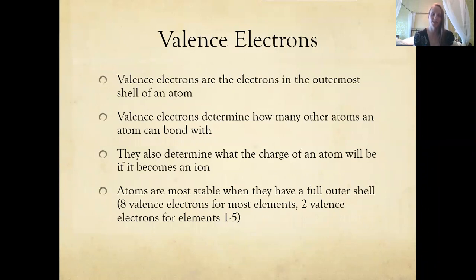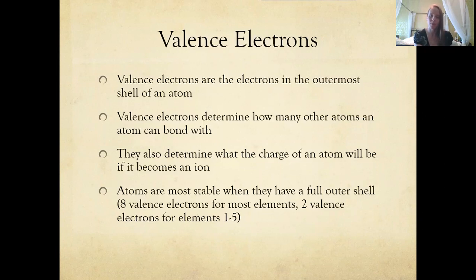So valence electrons are just the electrons in the outermost shell of an atom. And the number of valence electrons determines how many bonding sites an atom has. So just a reminder, generally speaking, you draw your valence electrons like top, bottom, side, side, and then repeat in those positions, and only lone electrons are able to form a bond.